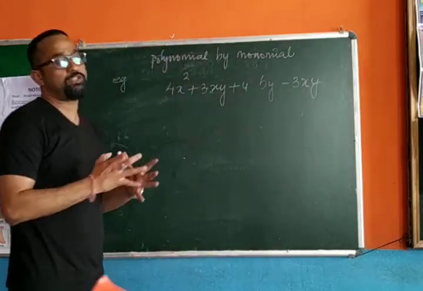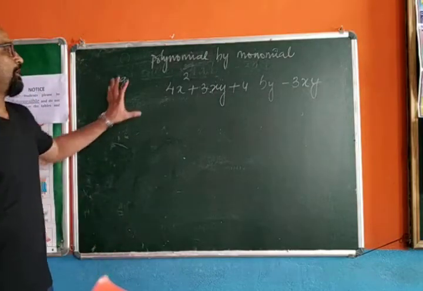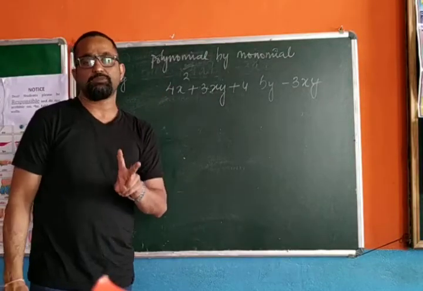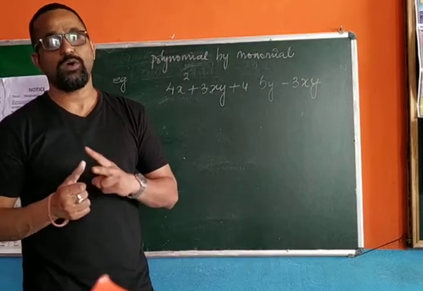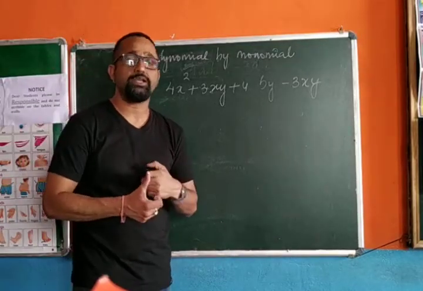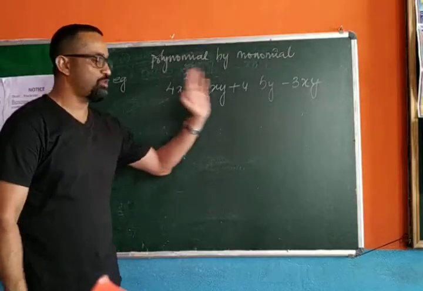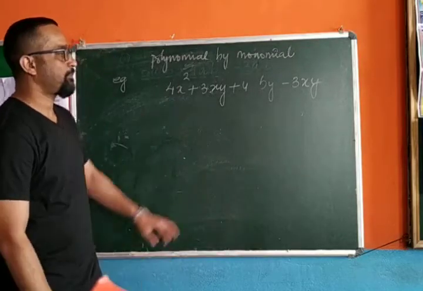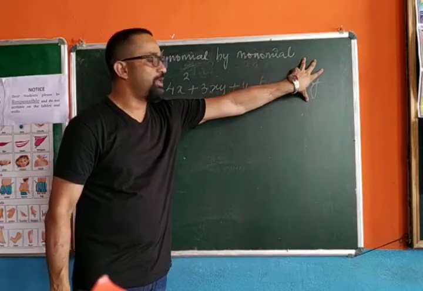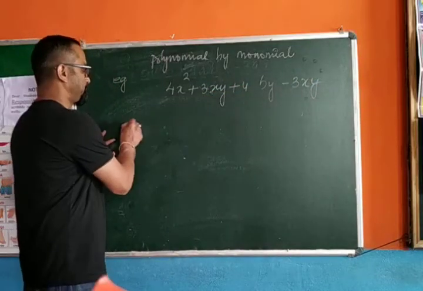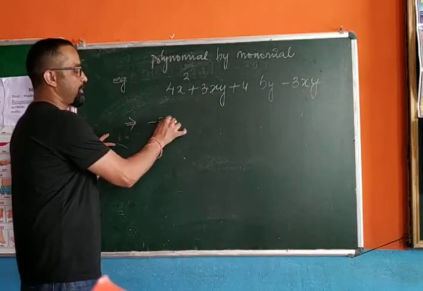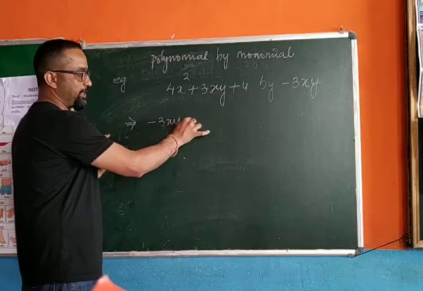Look at this multiplication. There are 2 methods by which we can multiply. First one is row method, second one is column method. Row method is easier, so you solve it by row method. This monomial you have to write in the beginning. Minus 3xy. Multiplication sign.